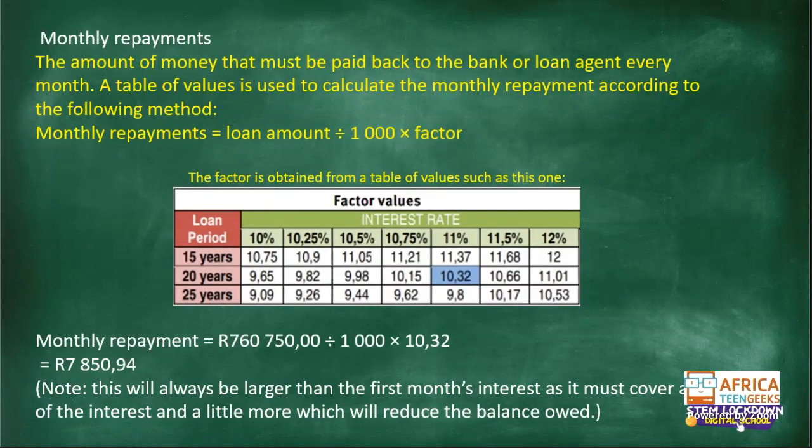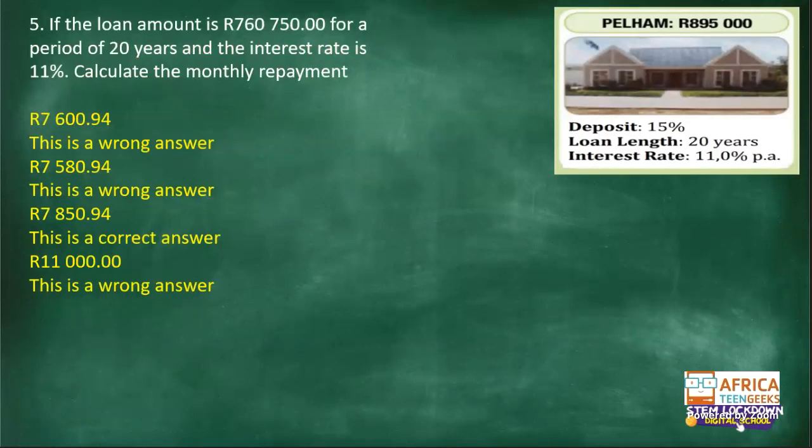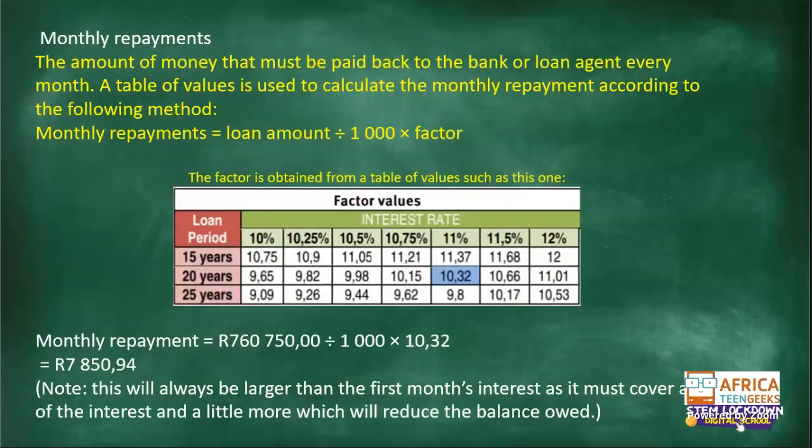So let's say, for instance, some people may want to know, how did we find this answer here? How do we know that this will be the monthly repayment? You simply take the whole amount, which you divide by 1,000 multiplied by the factor value.